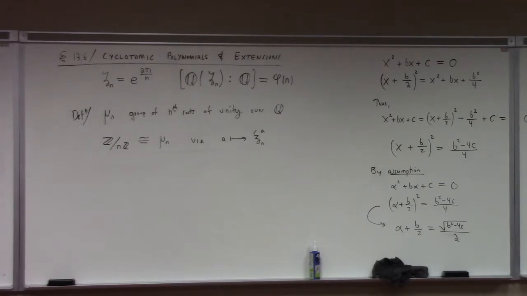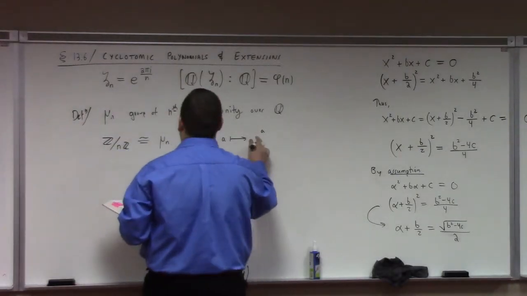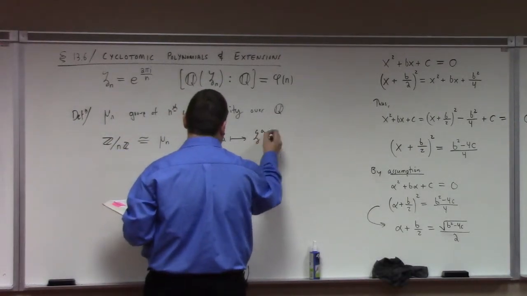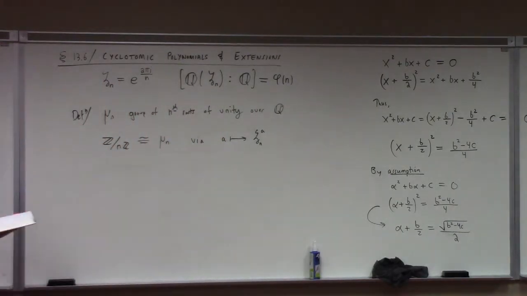That's a homomorphism because the ambiguity in the choice of representative in Z mod nZ is squashed by the fact that zeta n to the nth power is the identity. So it makes sense, this isomorphism.